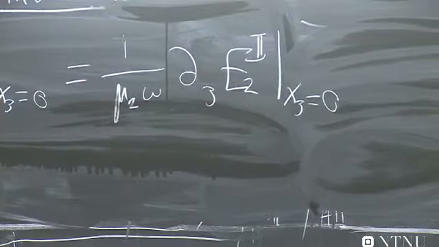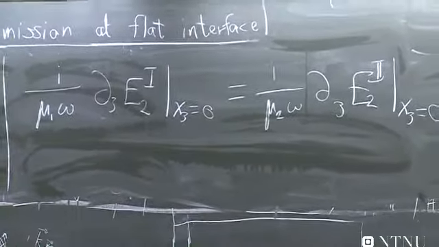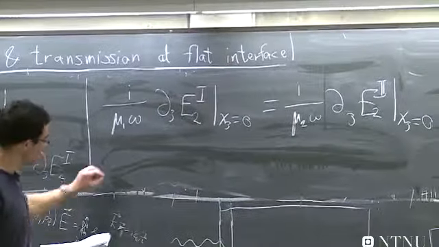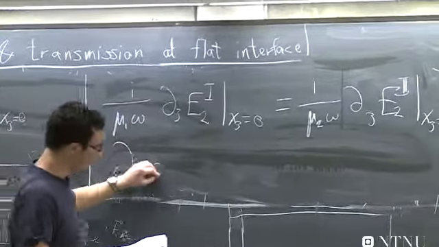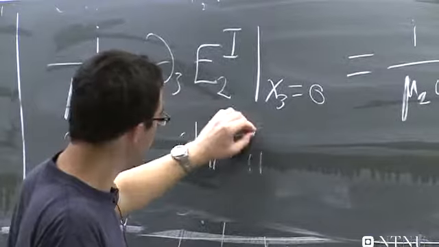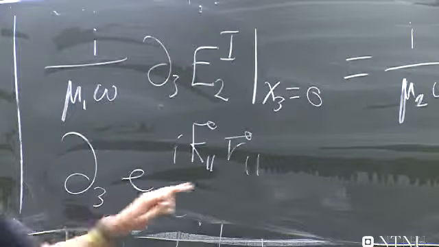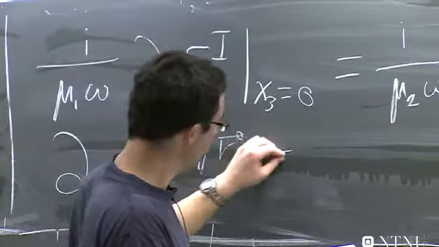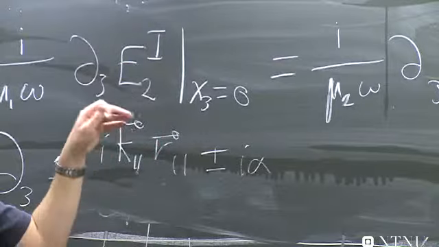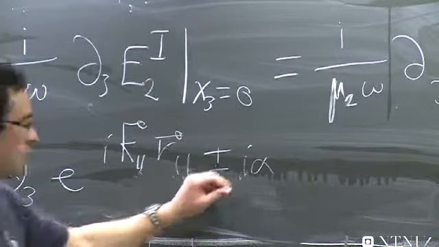Okay, now first of all we calculate the derivative, and we will simply get down an i alpha. D3 of e to the i k parallel r parallel. This is in the plane, but this is out of the plane, so it's not going to touch this. Plus minus i alpha, plus minus because we have two waves going down and one going up, so I'm interested in both cases.